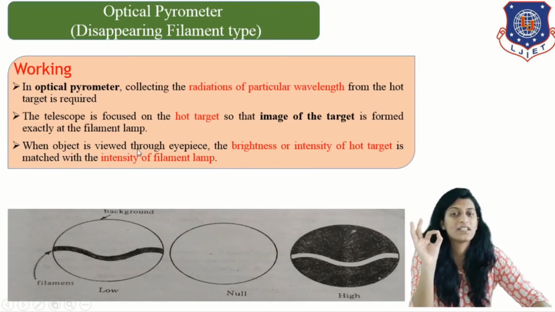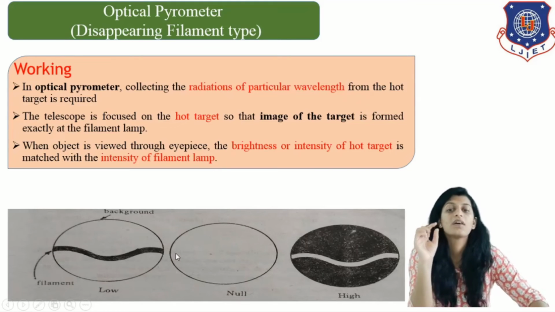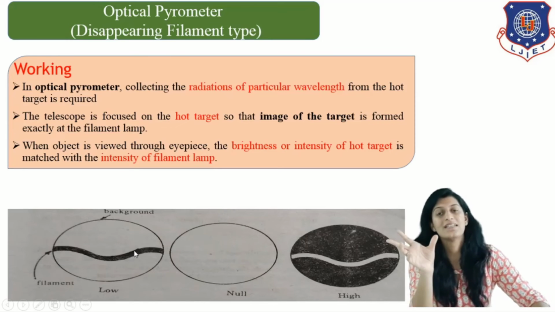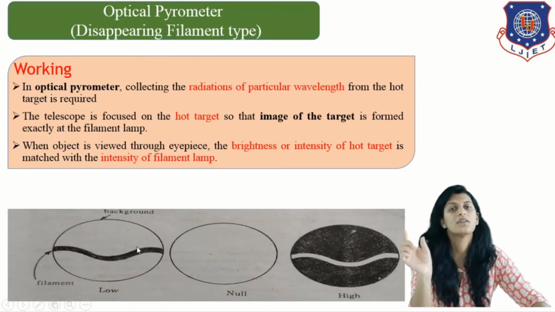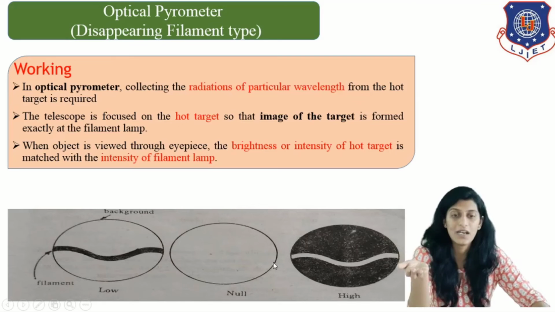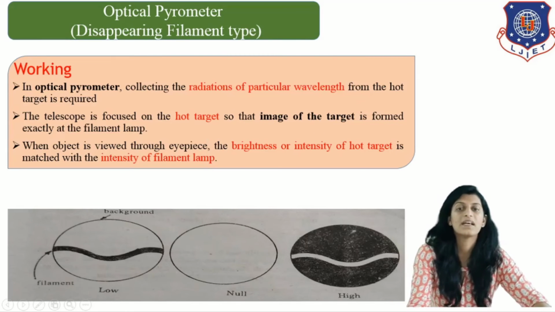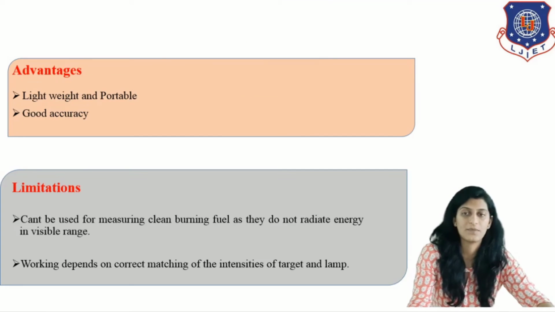When the object is viewed through the eyepiece, the brightness or intensity of the hot target is as you can see here. Depending on the visibility of the filament, the temperature is predicted or detected, right? Whether the filament is dark, or it is null, or it is high. Depending on that only, the temperature is being sensed.